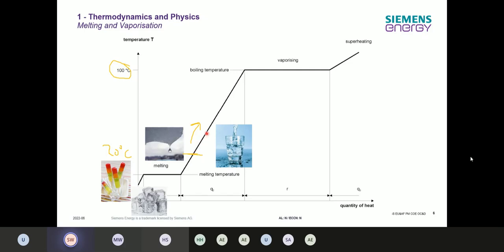So we're getting up here, getting the higher temperature, and then we will see the water boiling. Soon the water is boiling, you will hear it.